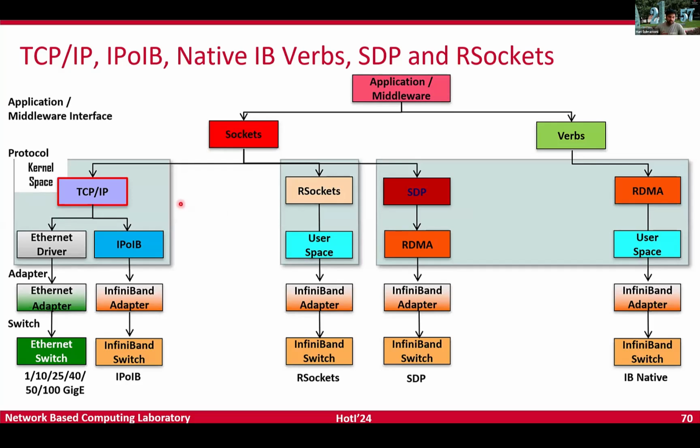So with the advent of these two, this is how our protocol stack looks. Initially, if you remember, we started with TCP/IP and RDMA at both ends of the spectrum. Vendors introduced IP over IB. Later on, SDP and RSockets came. So this is, in a naive fashion, how they would be placed in the overall spectrum of sockets versus verbs.